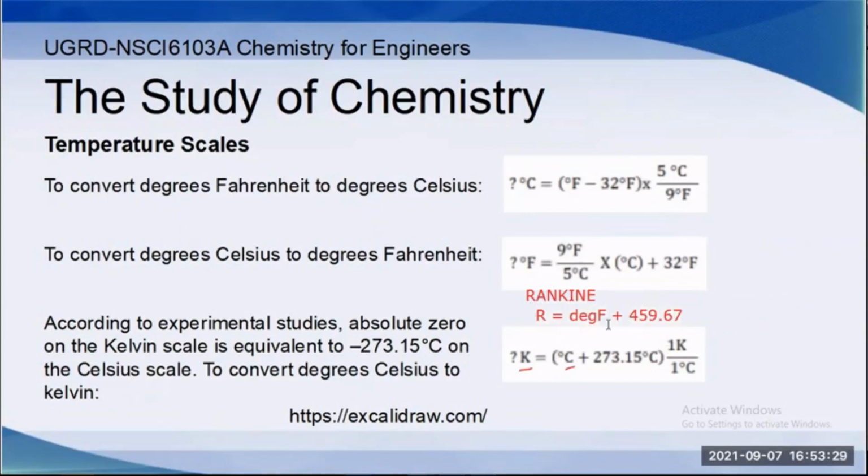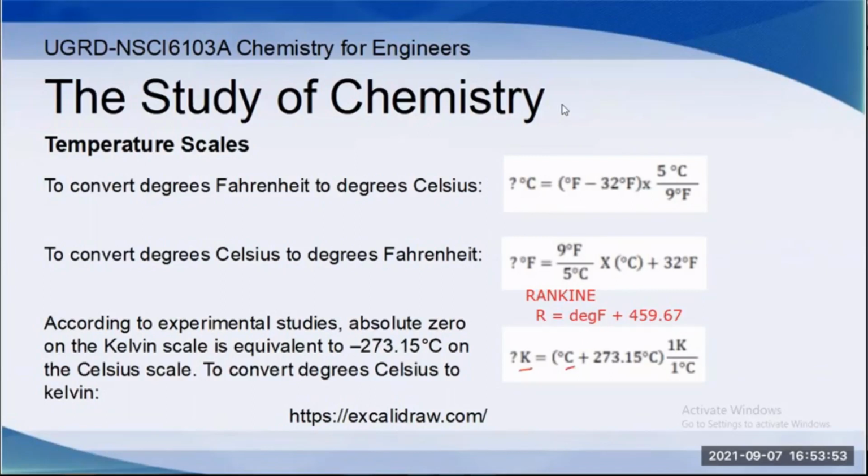But again, it is not as commonly used and as popular as the other three. So it's not included in the original slide. I just introduced it to you just in case you encounter Rankine in the future. Okay, so that's it for our temperature scales.